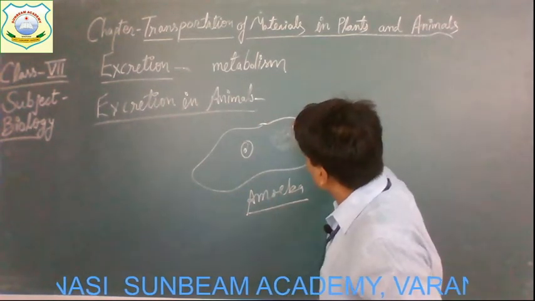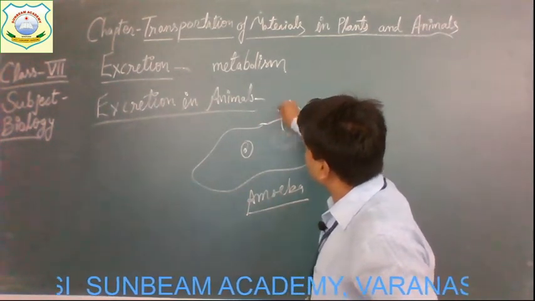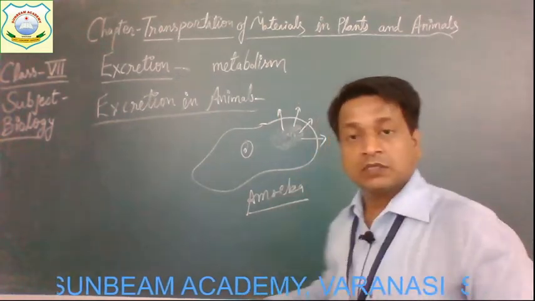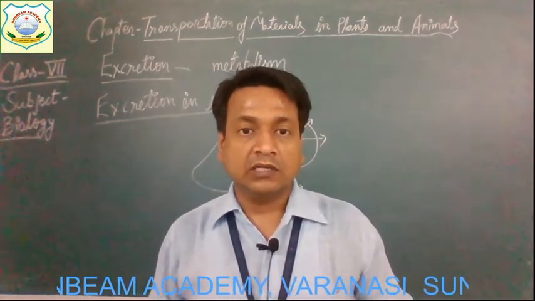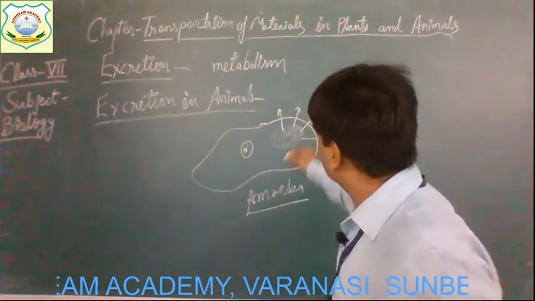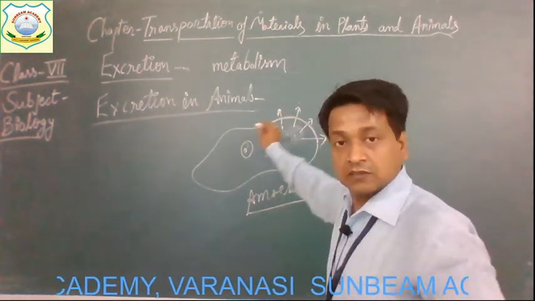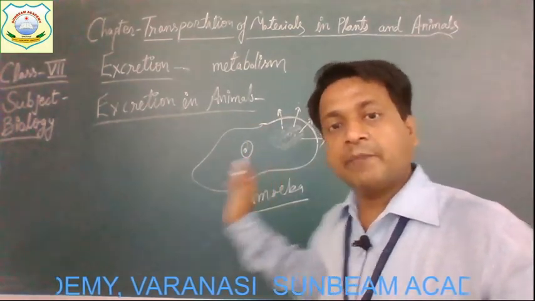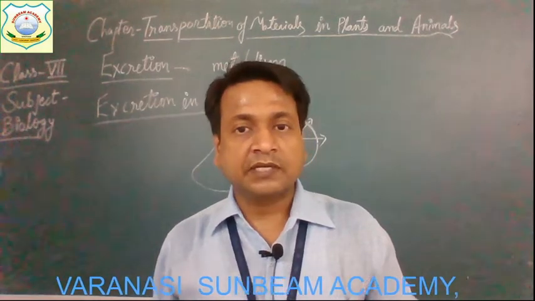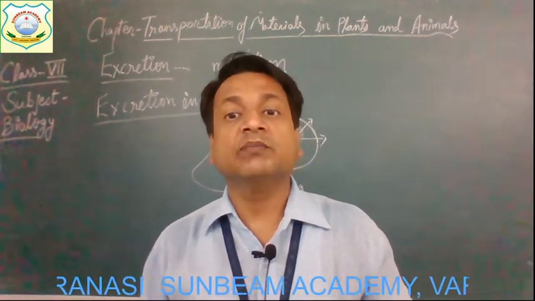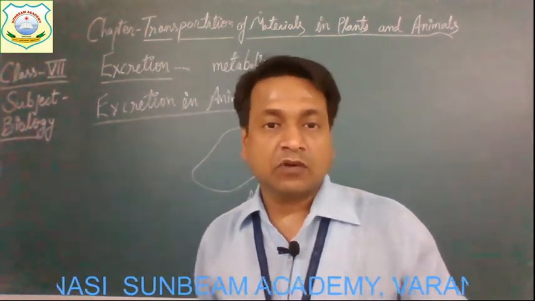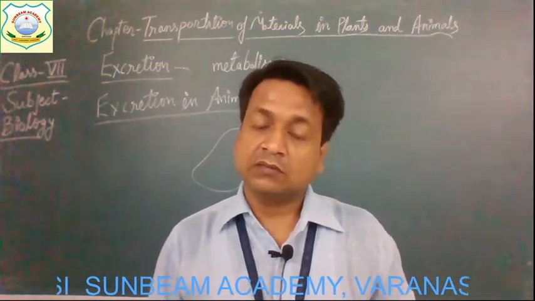So these waste products move outside the body by the process of diffusion through the body surface. This is the body surface. Okay children, and the same happens in other lower animals. The ammonia or waste products get diffused out or removed from the body by the process of diffusion.